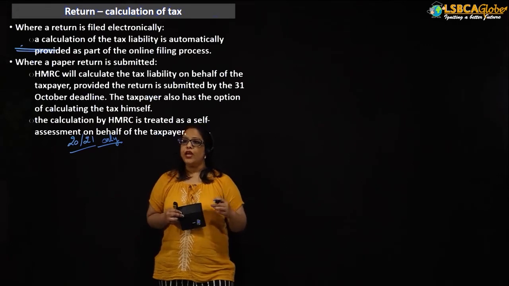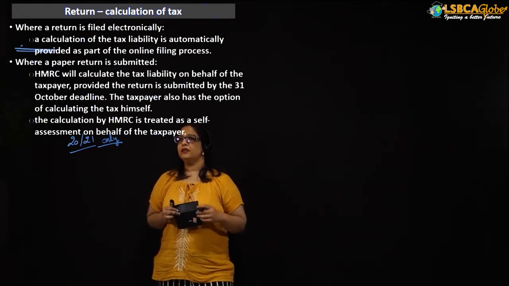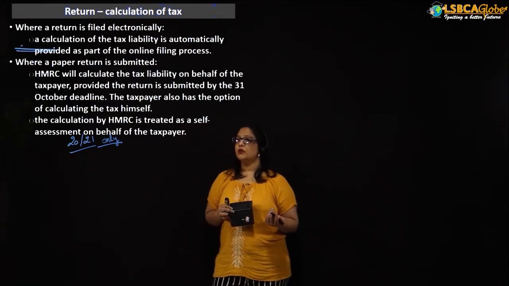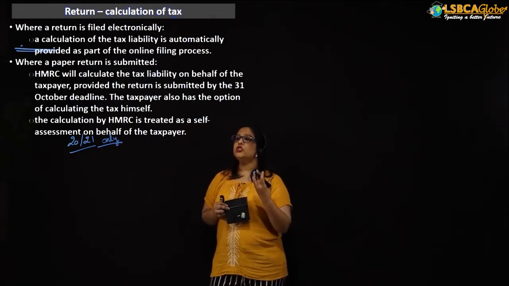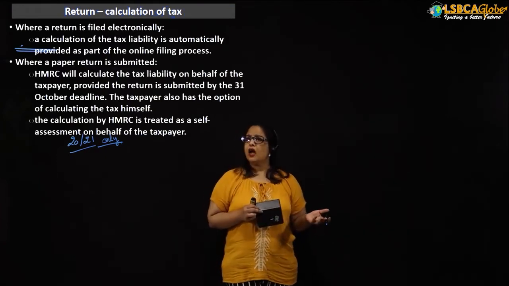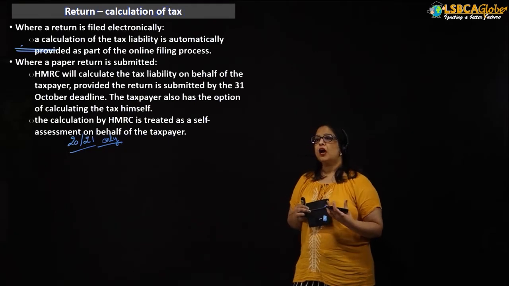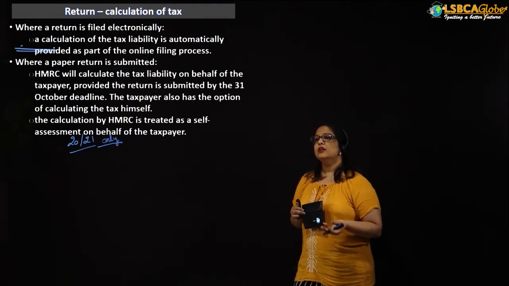But when you are filing the paper return, then class, you have to calculate. If suppose you don't know how to calculate, then you can even ask a HMRC official to calculate the tax on your behalf.